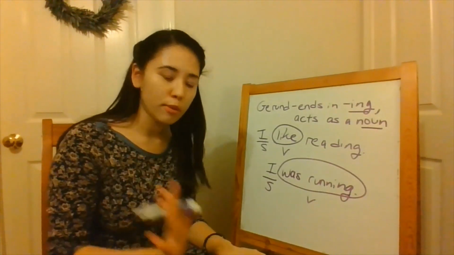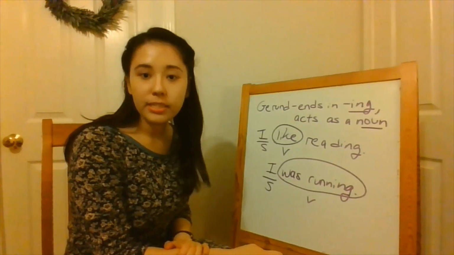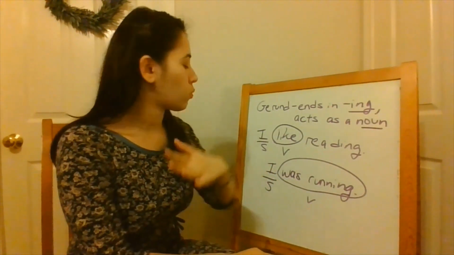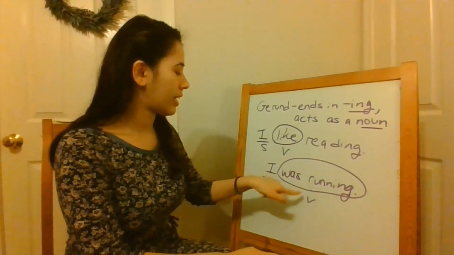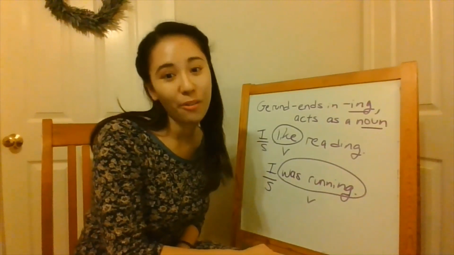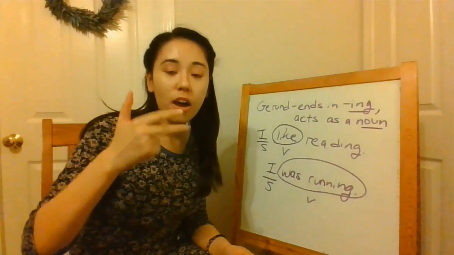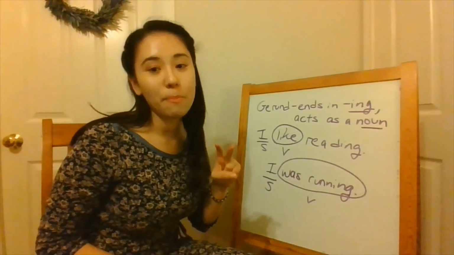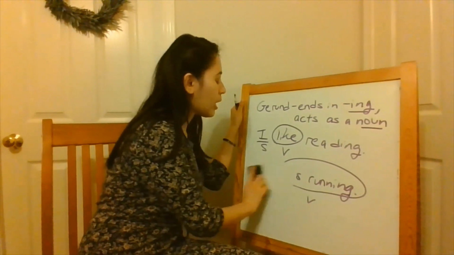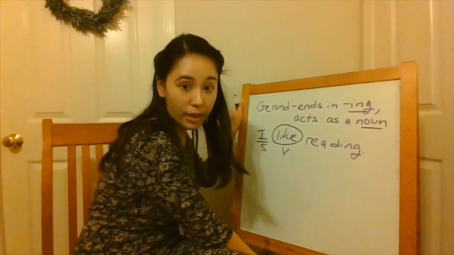This is different from a verbal. Was is helping us understand the tense when this action was happening. So these are working together. And you'll know that it's a helping verb because it will be a be verb. So what are our be verbs? Our be verbs are am, is, are, was, and were, being, been, and be. So that's how you can know if it's a helping verb. And typically those are something that we feel very comfortable with.